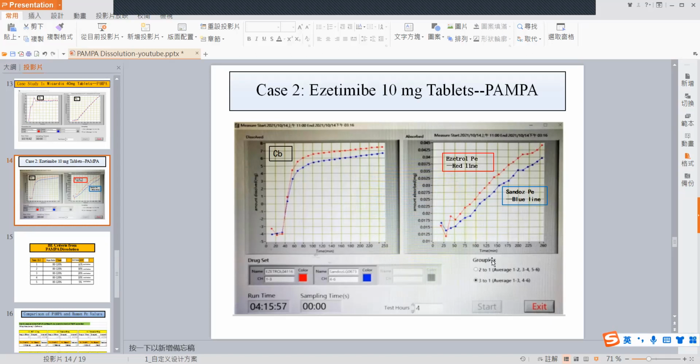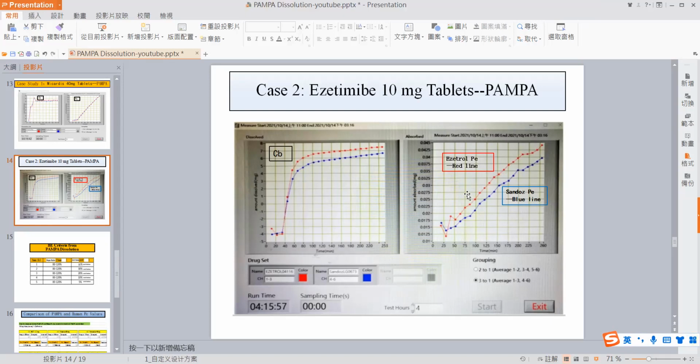Because that's the unit time of drug absorbed. So you can compare the slope of the blue versus red, and you will get your Cmax comparison easily in terms of predicting the human absorption Cmax.